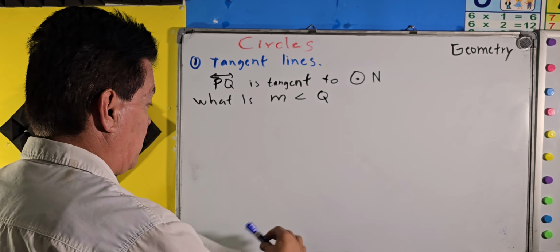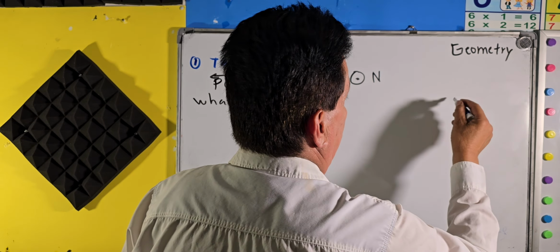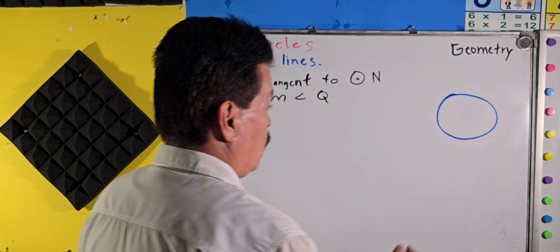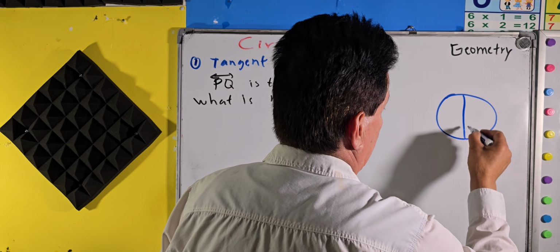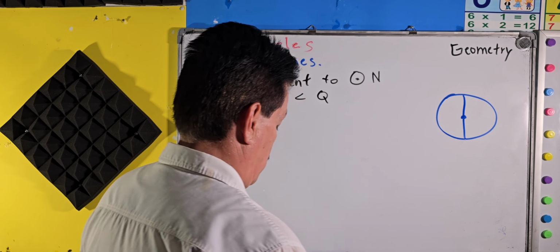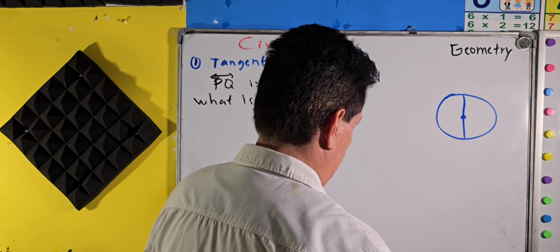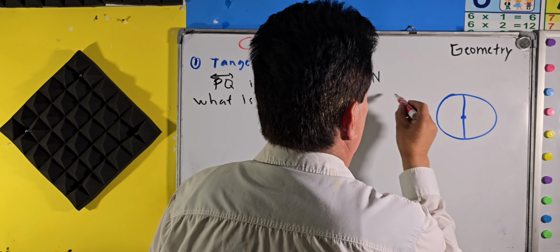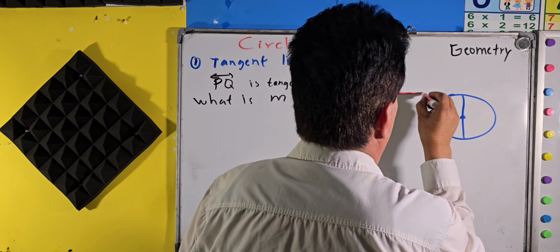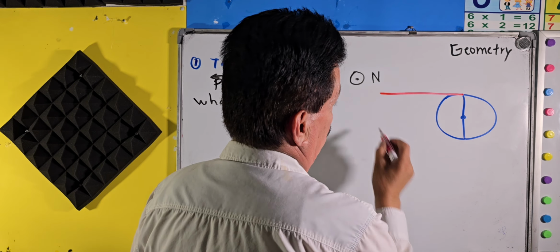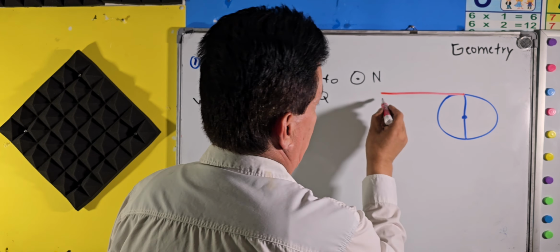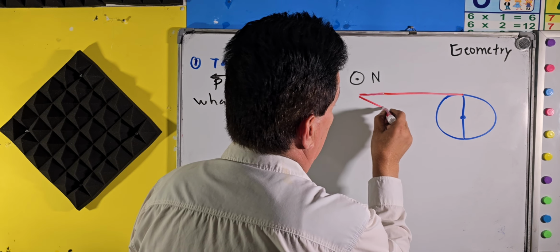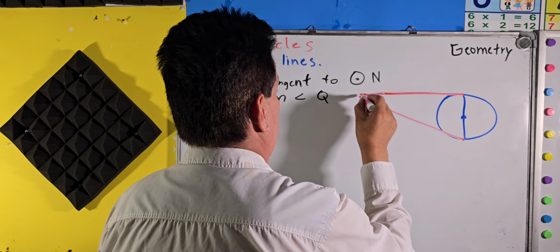Let's make the picture right here. Let's write this circle, and then also the circle divided by this point right here, and then I will make this line like this. This is like a right angle, okay, like that.